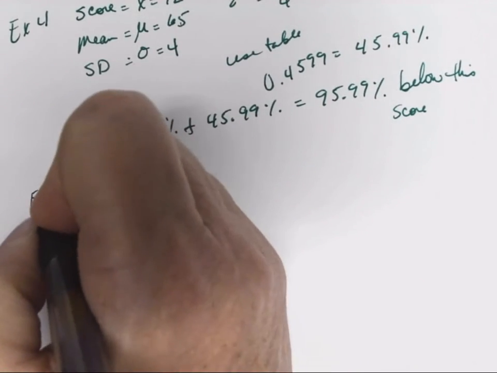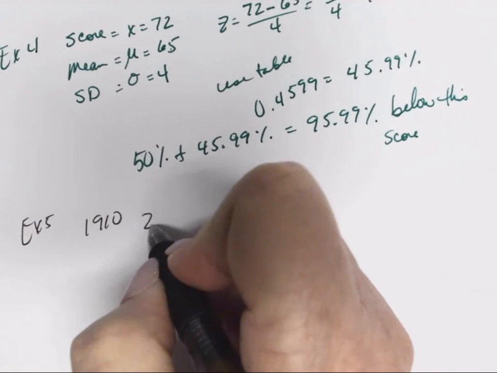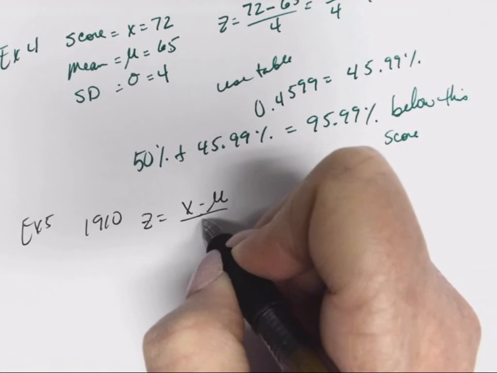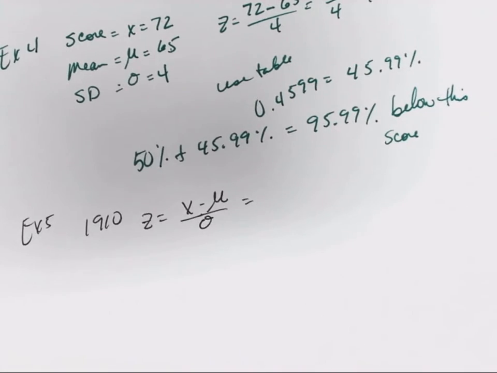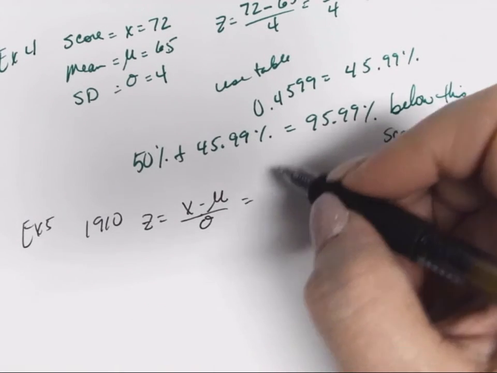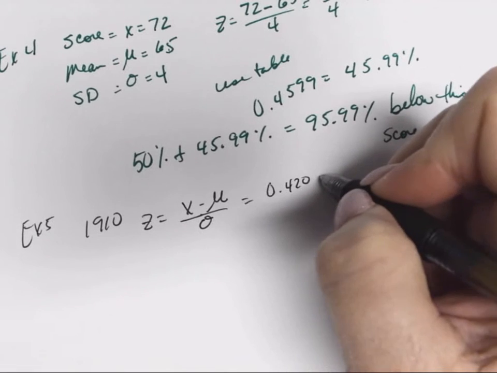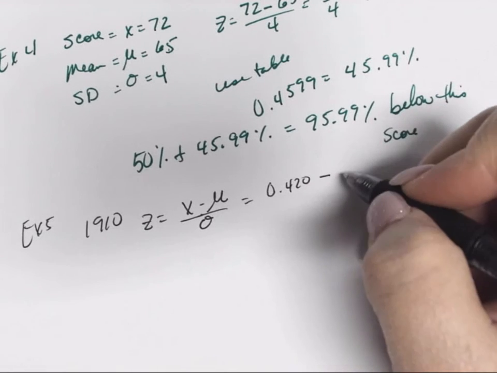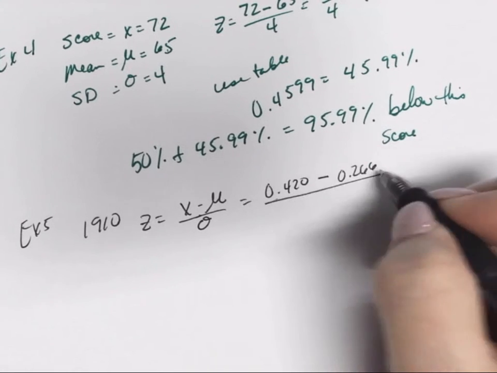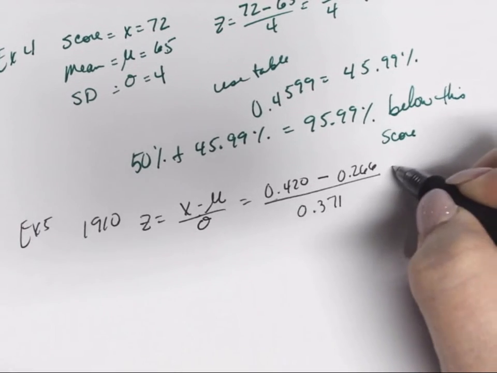So we're in example 5. First we're going to do 1910. Remember, our z is x minus mu divided by sigma. And we were told that our x for Ty Cobb was 0.420, and the mean was 0.266 divided by our standard deviation of 0.0371.